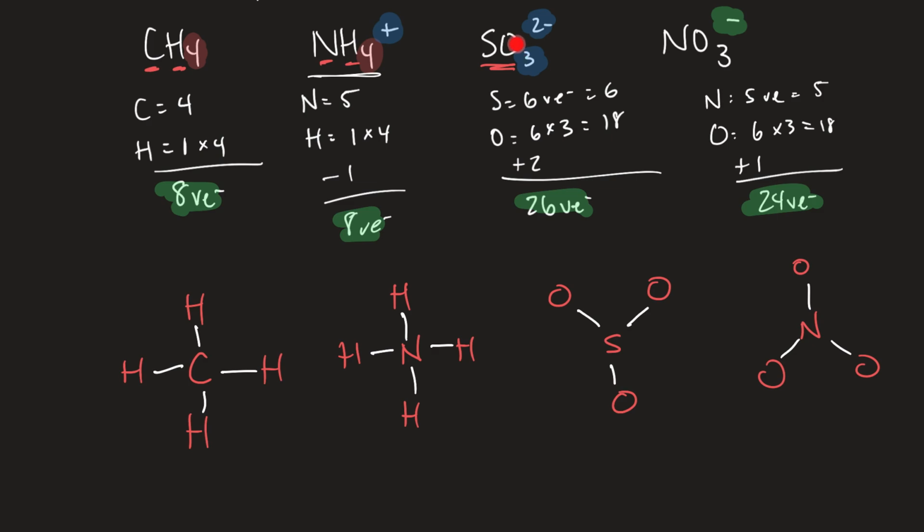The sulfite ion is going to show 26 valence electrons. The nitrate ion is going to show 24 valence electrons by the time we're done. The whole point of the structure is not only to give us an idea of how it may look, but also to tell us how many valence electrons the whole molecule, the whole ion, contains.